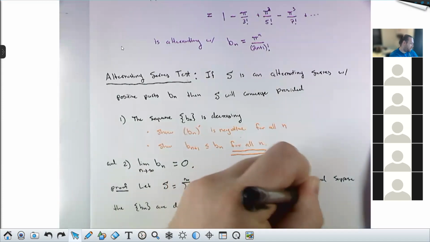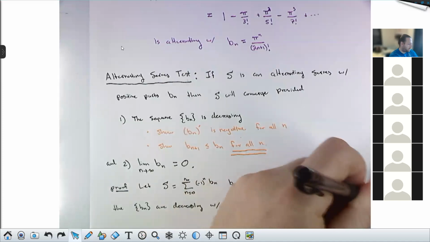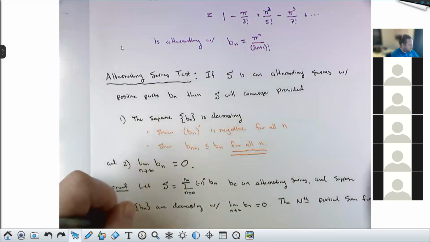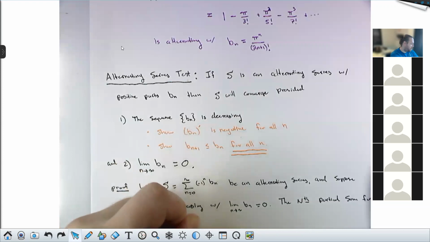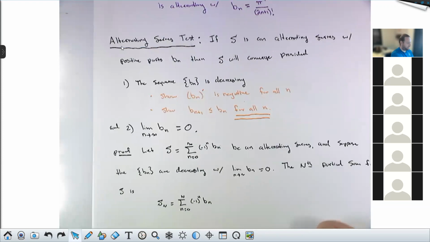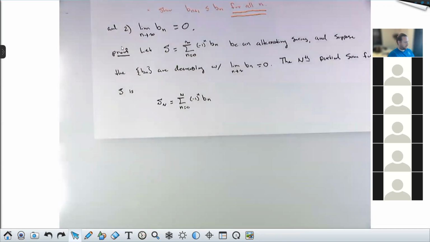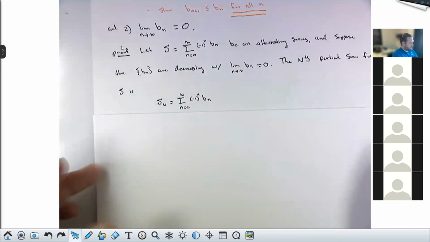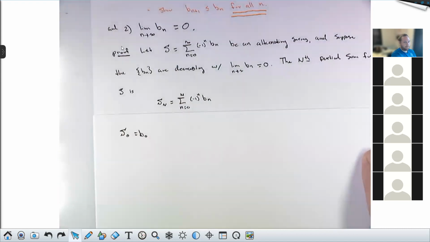The capital N partial sum for S is S sub capital N equals the sum from n equals 0 to capital N of (-1)^n b sub n. So S0 is just B0.